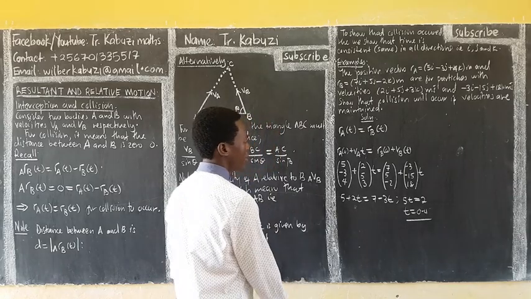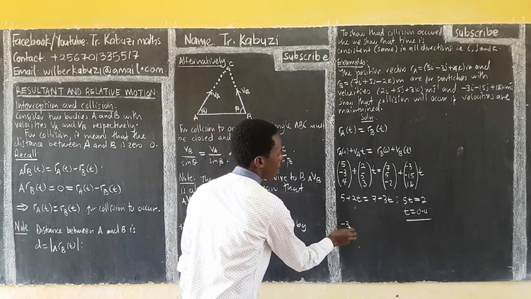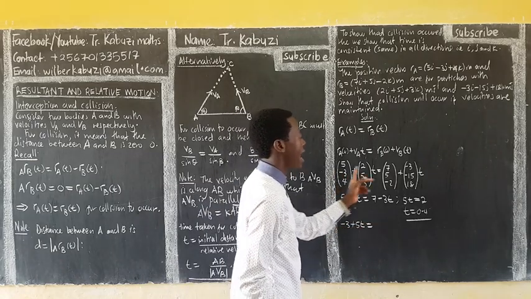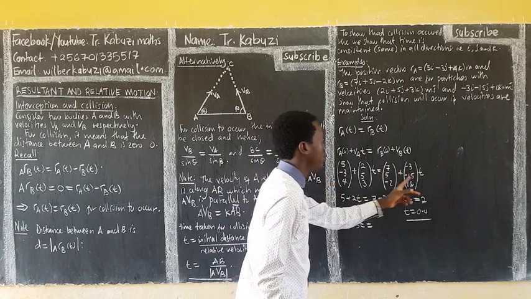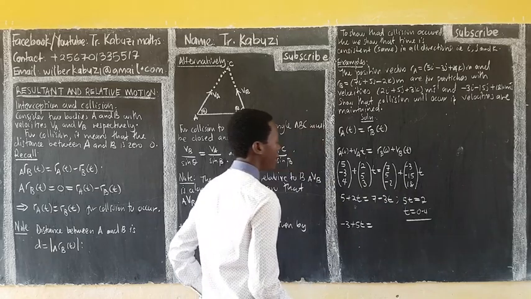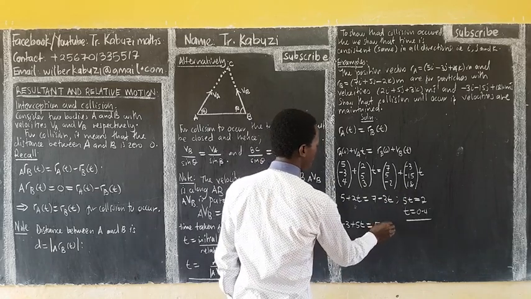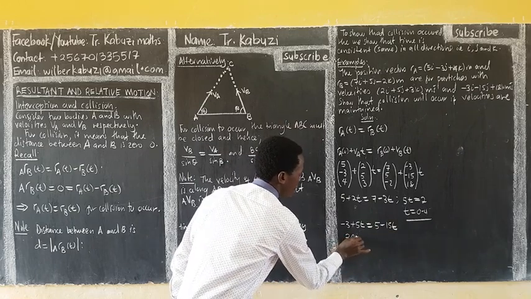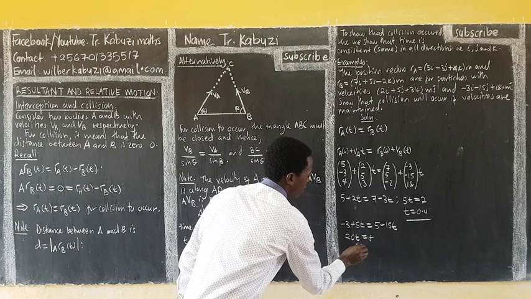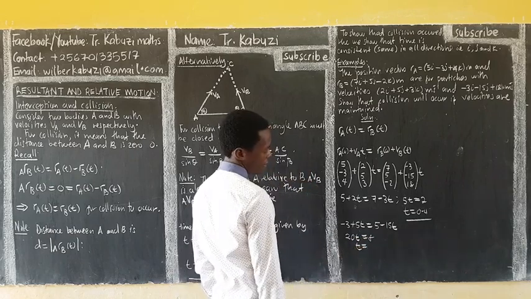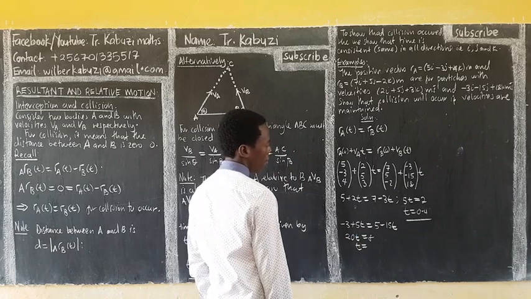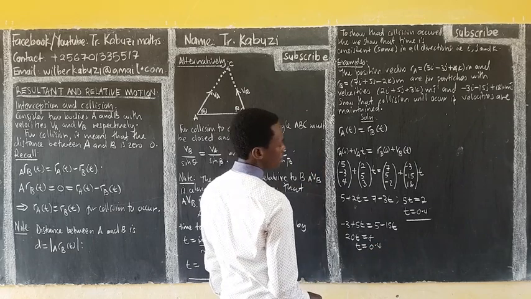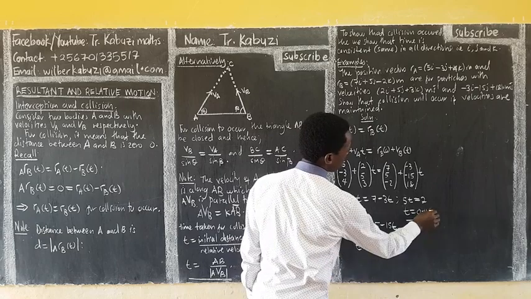Then let us take another equation. When we take -3 plus 5t, it should be equal to 5 minus 15t, since the i's are equal, the j's are equal, and also the k's. Bring t this side, we have 20t equaling 8, and so t is 2 over 5, which is still 0.4 seconds.